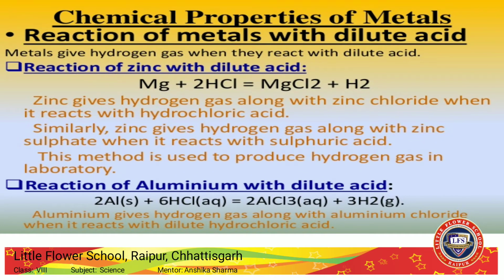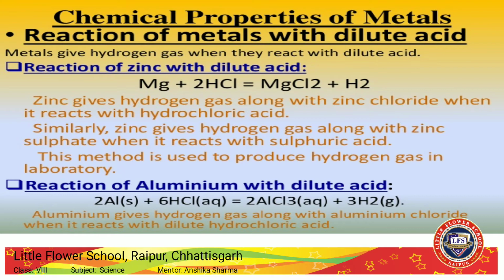Next, reaction of metals with dilute acid. Metals give hydrogen gas when they react with dilute acid. Reaction of zinc with dilute acid: Zn plus 2HCl gives ZnCl2 plus H2.